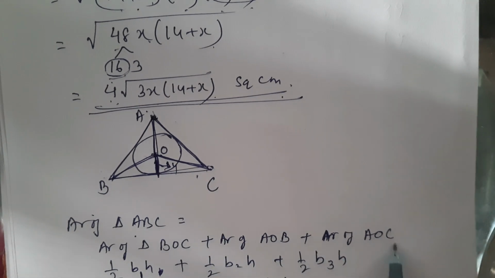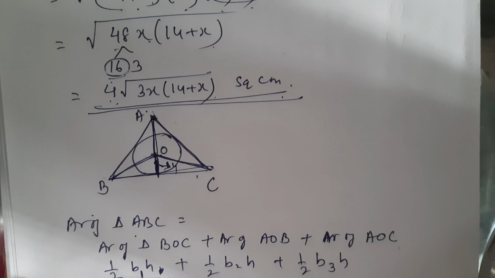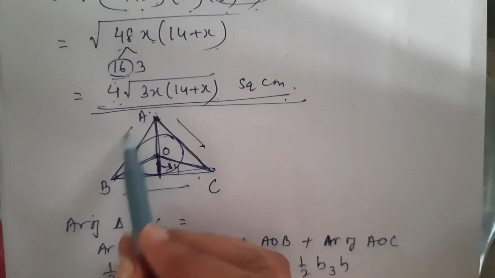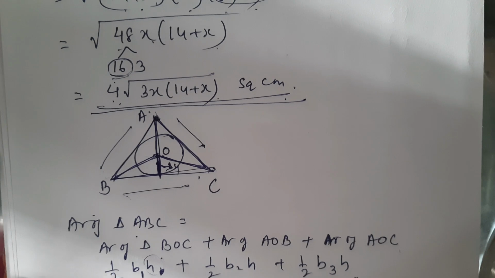Adding all the 3 triangles to make the complete triangle. The area of a triangle formula is half base into height. As the bases are different but the height is common, I considered H. For the bases B1, B2 and B3, whereas the height I took as H. So half H is taken common within bracket B1 plus B2 plus B3.